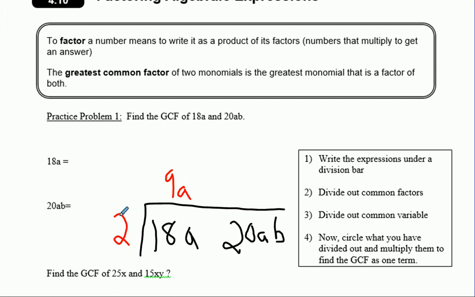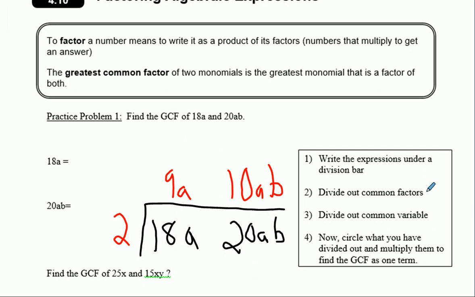And if I divide 20 by 2, I get 10, and the a and the b stay. And I'm looking if anything divides 9 and 10, and I'm thinking, not 2, not 3, not 4, not 5, not 6, not 7, not 8, not 9. So then I'm kind of out of options at that point.